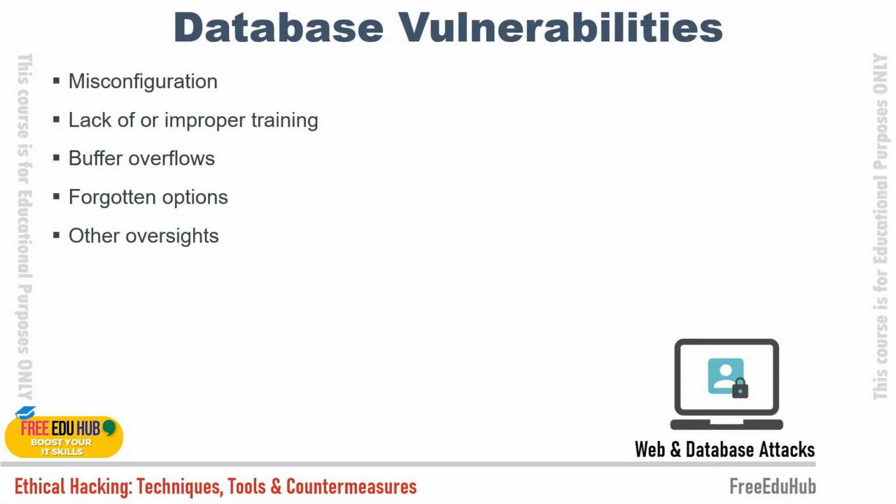They include misconfiguration, lack of proper training, buffer overflow, forgotten options, and other issues just waiting for an attacker to exploit. Now, before you can uncover the vulnerabilities in the database, it is necessary to know which database product your organization uses and where the actual database is, whether it is on premises or stored somewhere in the cloud.